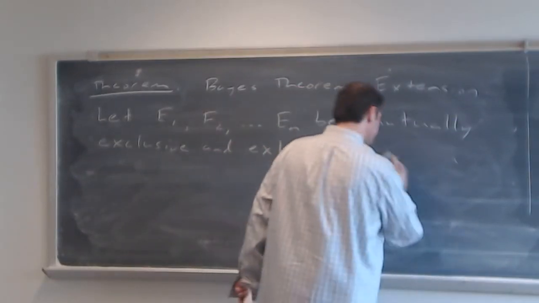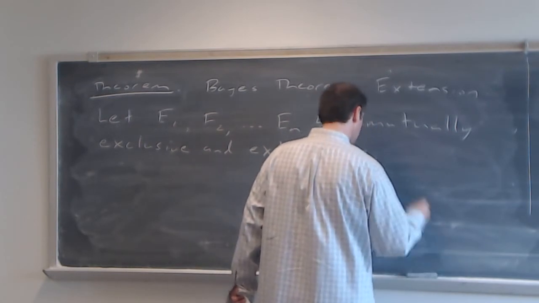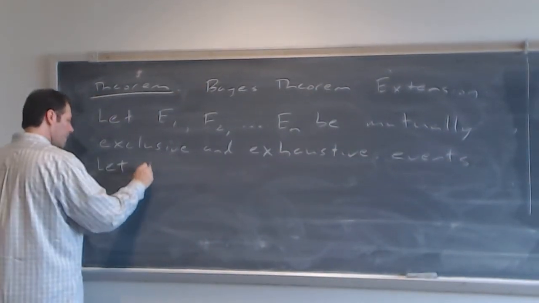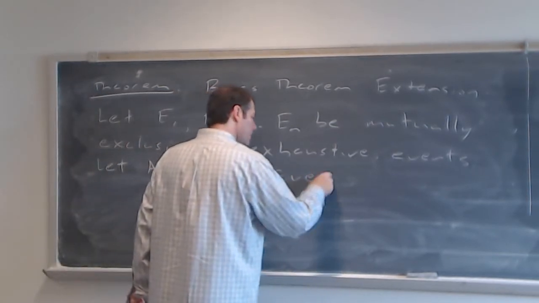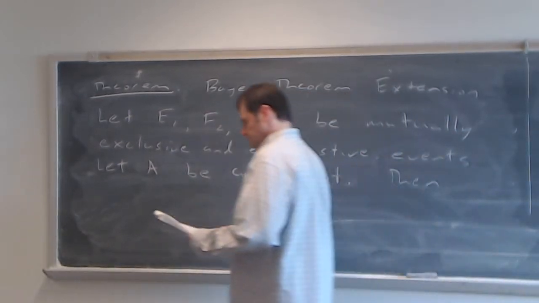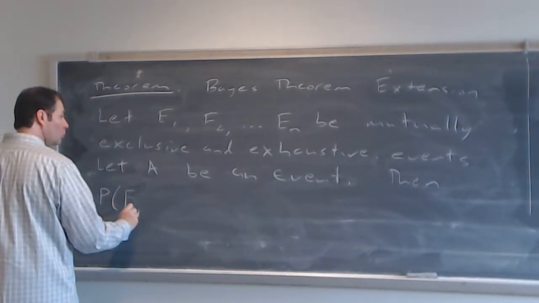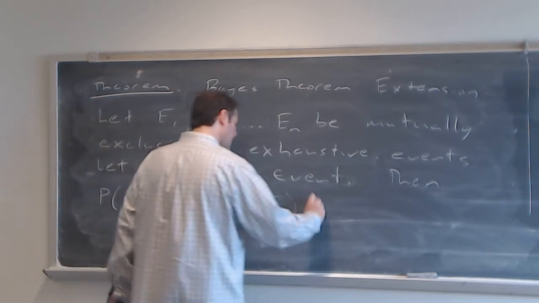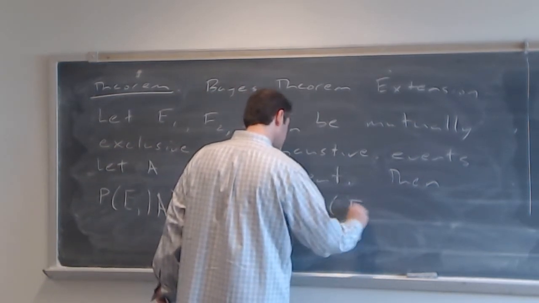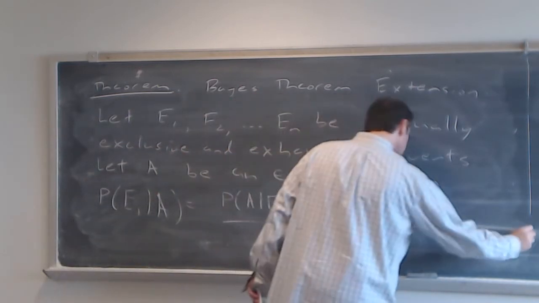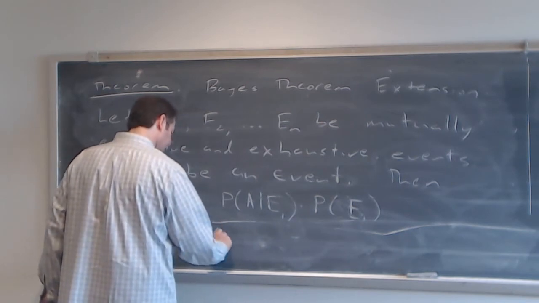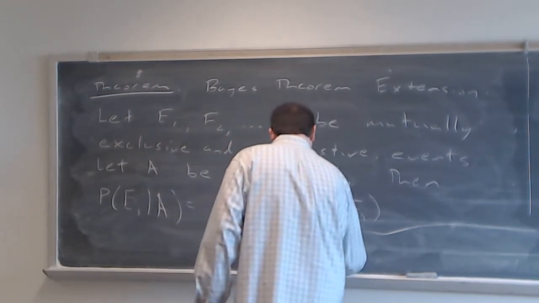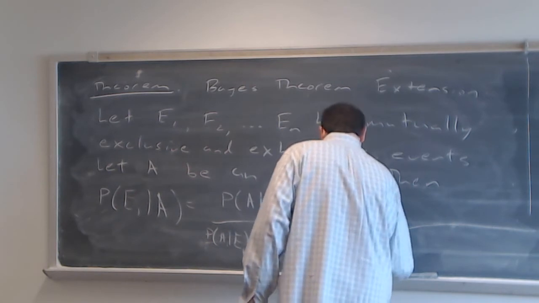Then the probability of E1 given A is equal to the probability of A given E1 times the probability of E1, all over the bottom, which has the first exact same thing, probability of A given E1 times the probability of E1, plus the next part is probability of A given E2 times the probability of E2.